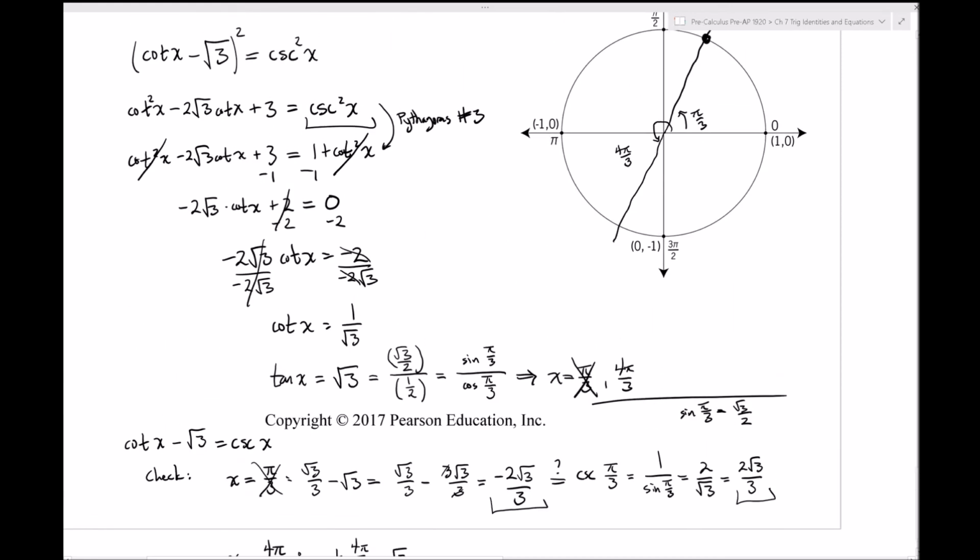But for x equals 2 pi over 3, oh no, not 2 pi over 3, 4 pi over 3. So does it work? What I'm doing is plugging in cotangent 4 pi over 3 minus square root of 3. So what is cotangent 4 pi over 3? Well, that's also square root of 3 over 3. That was the whole point behind this exercise, solving for these angles.